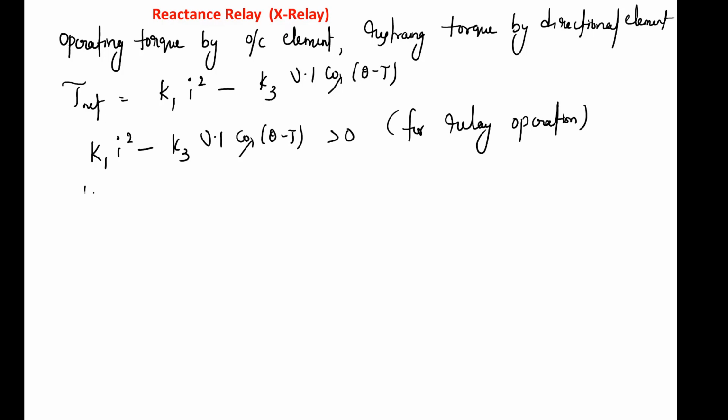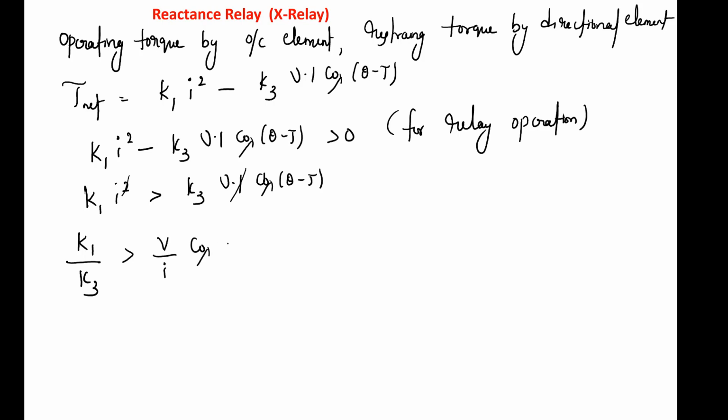That means K1 I square should be greater than K3 into VI cos of theta minus tau. If you cancel I with this I, K1 by K3 should be greater than V by I into cos of theta minus tau.